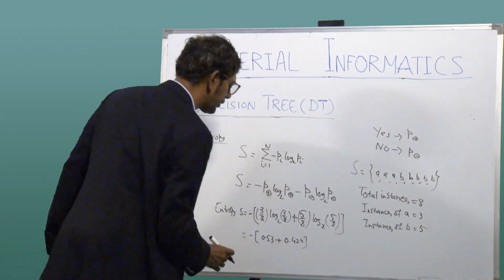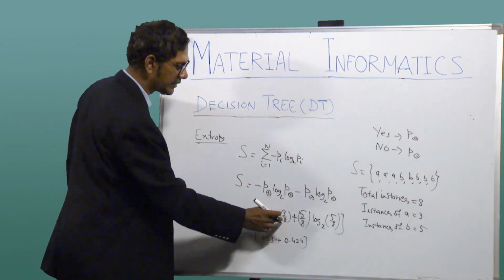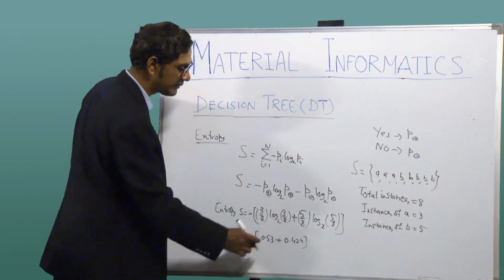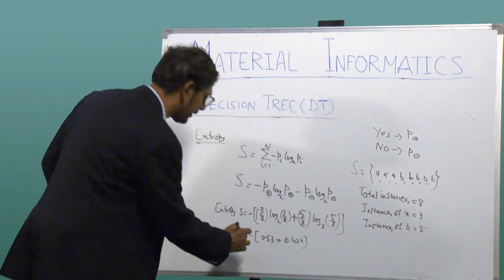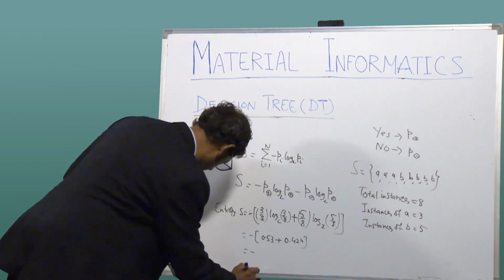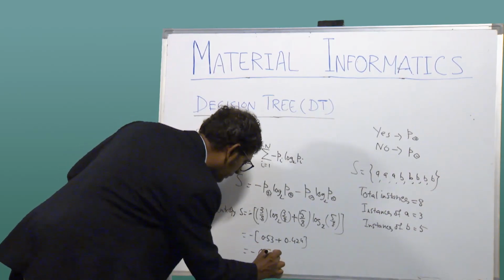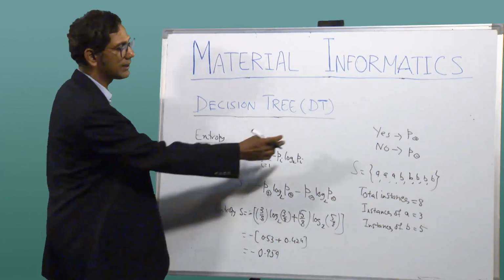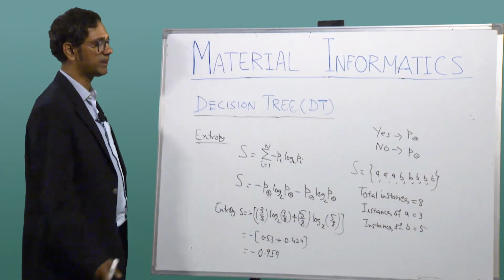Remember this is a fraction, 3 by 8 or 5 by 8. Therefore, log of that is negative. So, finally, you get 0.954, right.